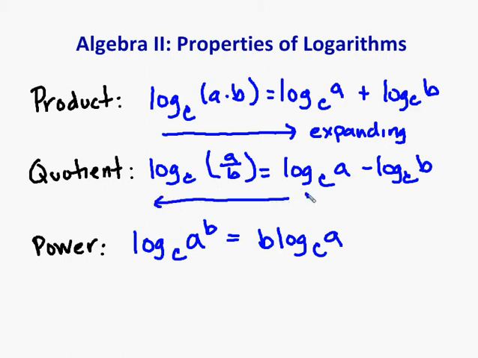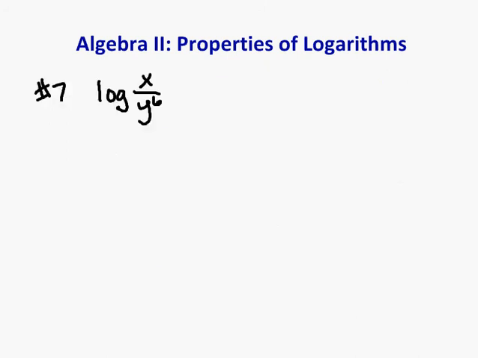You take two terms or more and you make them into fewer terms. Okay? So expanding, taking one term and making two terms, and condensing, I've got two terms into one. So let's take a couple problems from your book, and we're going to talk about expanding first.